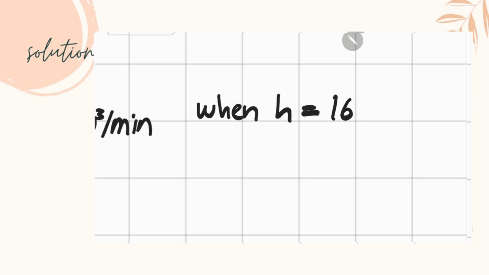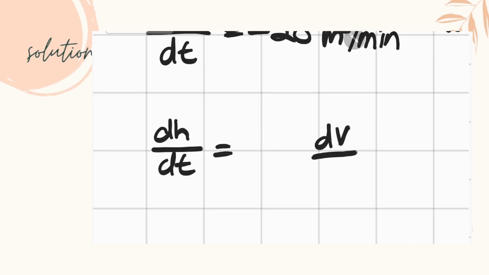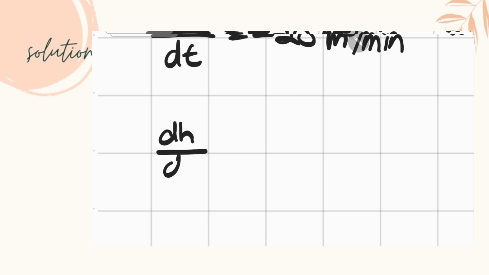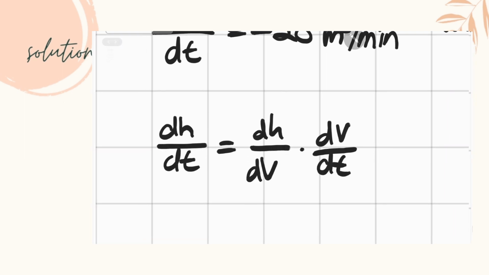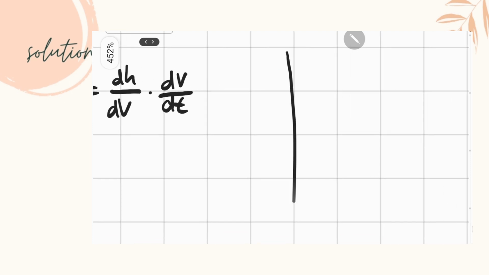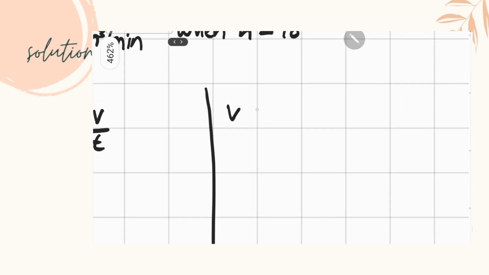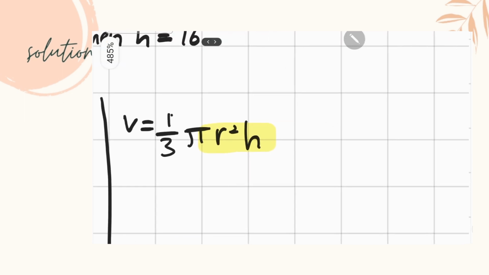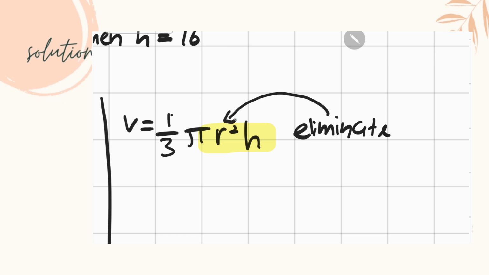We already have the rate of the change, volume of the water flows out, dV over dt. So the only thing that we need to find is dh over dV. Since we are dealing with volumes and cones, it will be wise to use the formula for the volume of a cone, which is V equals 1 over 3 pi r square h. In order to get the derivative of volume of a cone, we need to express V in terms of h, so the variable r must be eliminated by isolating it.